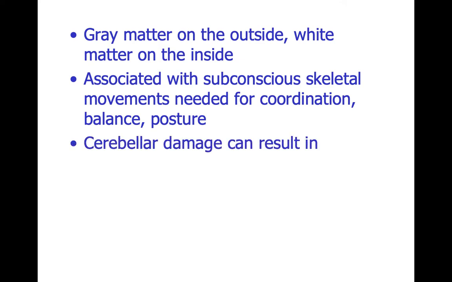When there's damage to the cerebellum, it can result in three main things. The first is ataxia. Ataxia is the loss of body control, right? The loss of the control of body movements. Next is the disturbance of gait. Gait is your ability to walk, right? Your gait is how you step, right? How long your steps are, how quickly you walk.